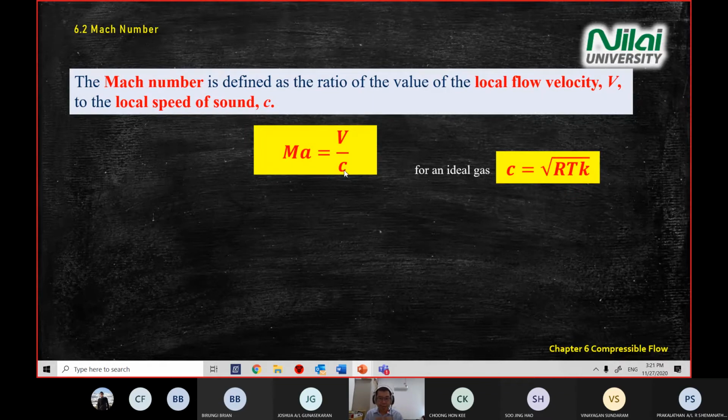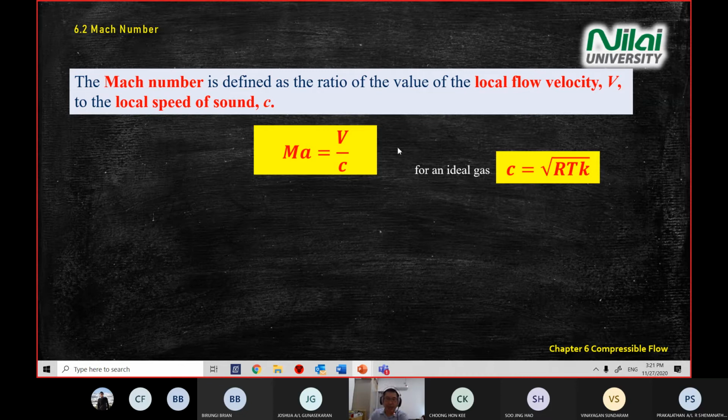From this point onwards, the value of C will change according to temperature and their K value. Because from today onwards, the equation for the local speed of sound will be given by square root of RTK.